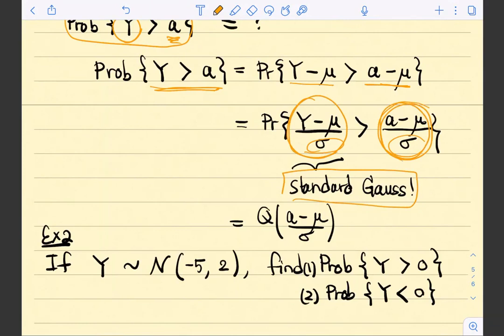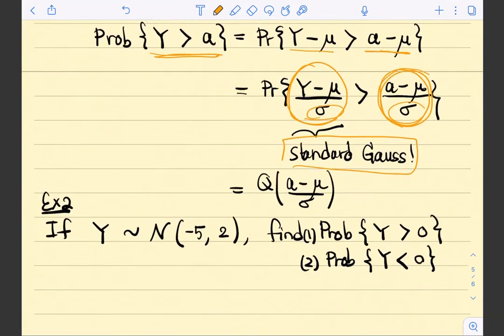So that means you want the probability that a standard Gaussian is bigger than this number. So again, the right tail. That comes down to the Q function. And you can use the same table to find the answers here.